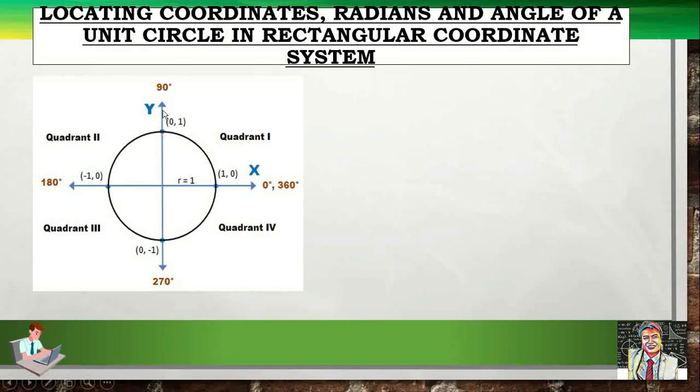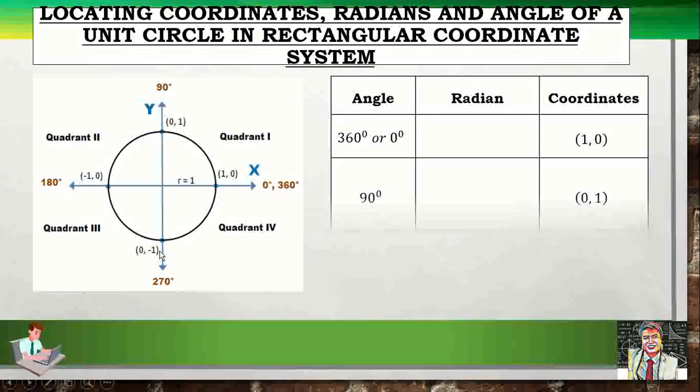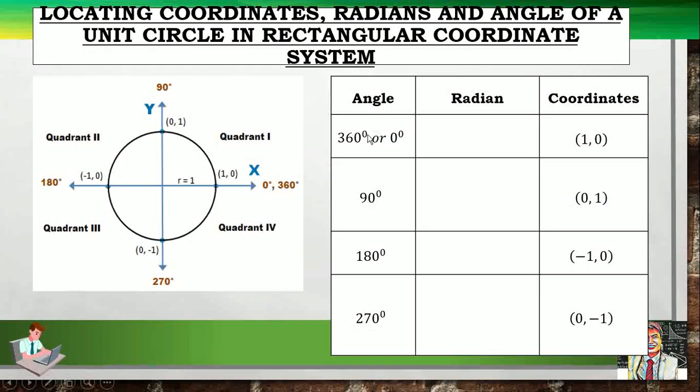Next, for 90 degrees, that is 0 and 1. For 180 degrees, negative 1 and 0. And for 270 degrees, that is 0 and negative 1. Yan yung given coordinates netong mga nasa quadrant angles such as 360 degrees or 0 degrees, 90 degrees, 180 degrees, and 270 degrees.